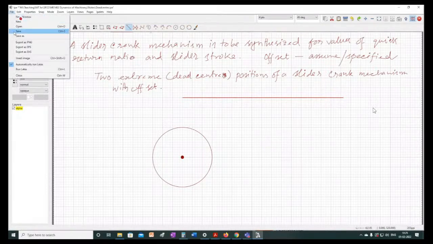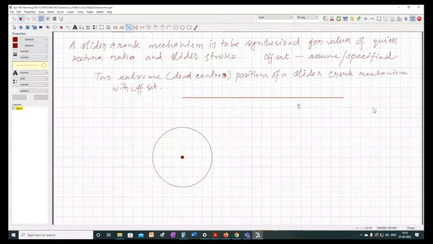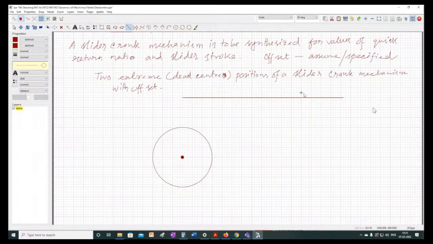Since the slider stroke is given, you can first choose the two extreme positions of the slider based on the stroke length.